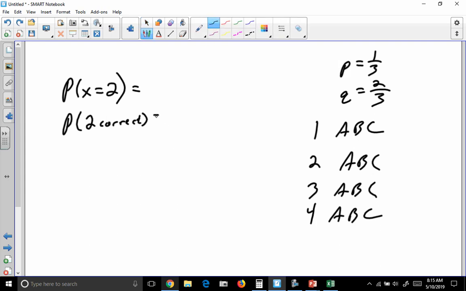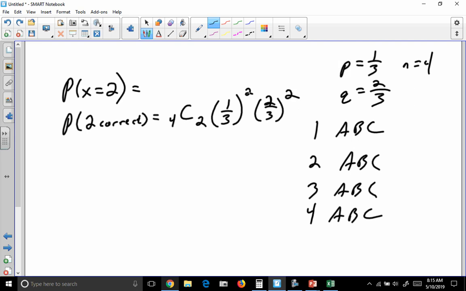So our number of trials is 4. So we're looking out of 4, we're choosing 2. We have successes twice. And if we have 2 successes, that leaves us with 2 failures.